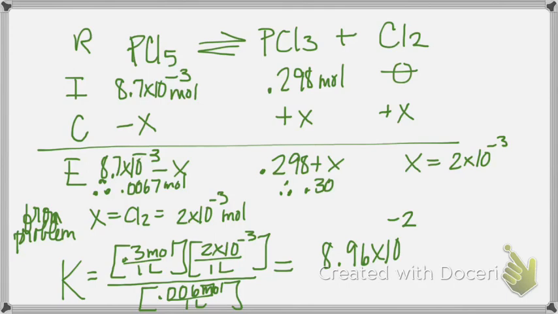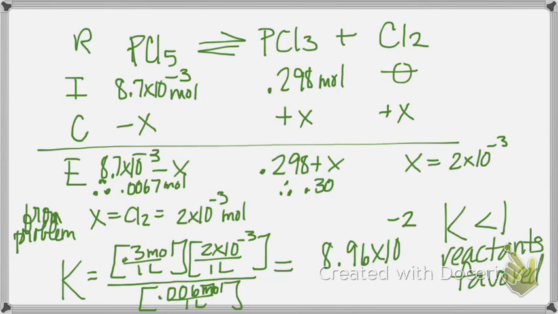K is less than 1, so reactants are favored here. I know it doesn't ask you about that in the problem, but we always want to keep these things in mind, so if a follow-up question was asked, you don't have to think about it. You're like, oh yeah, reactants are favored, it's less than 1. Okay?